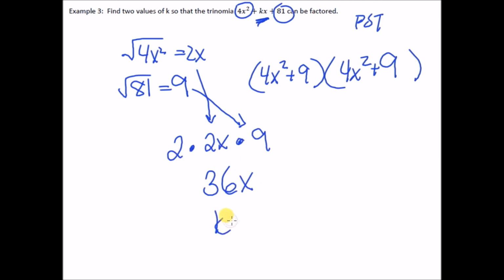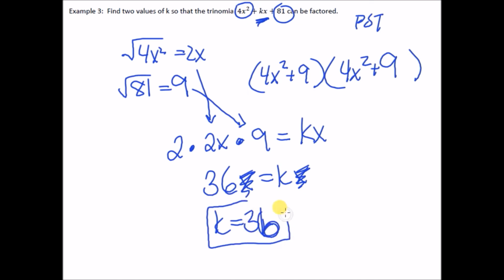So k equals 36. Okay. If you want to see it formally, we could have put 2 times 2x times 9 is going to equal that middle term, which is kx. And these two x's balance, so they can go away. k equals 36.